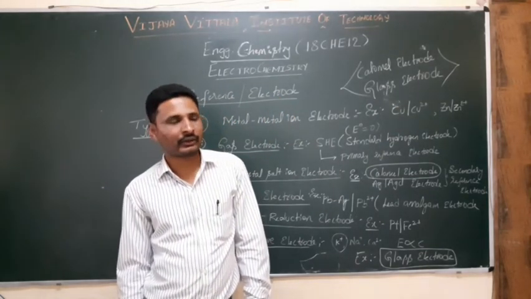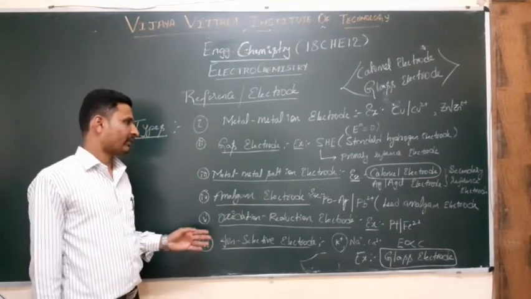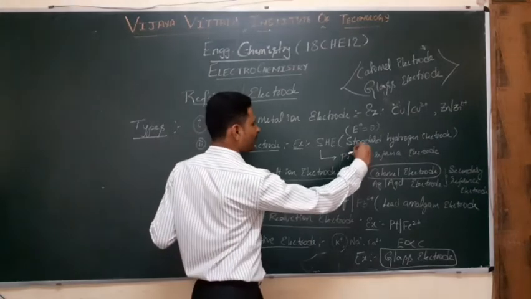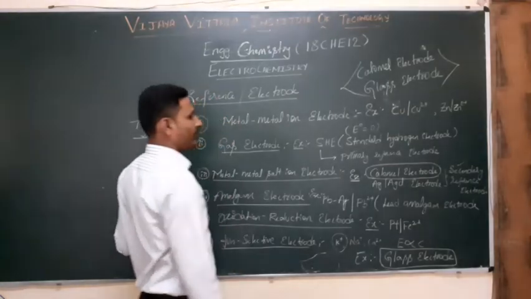Got it? So there are mainly two types that we are talking about: primary reference electrode and then secondary reference electrode.